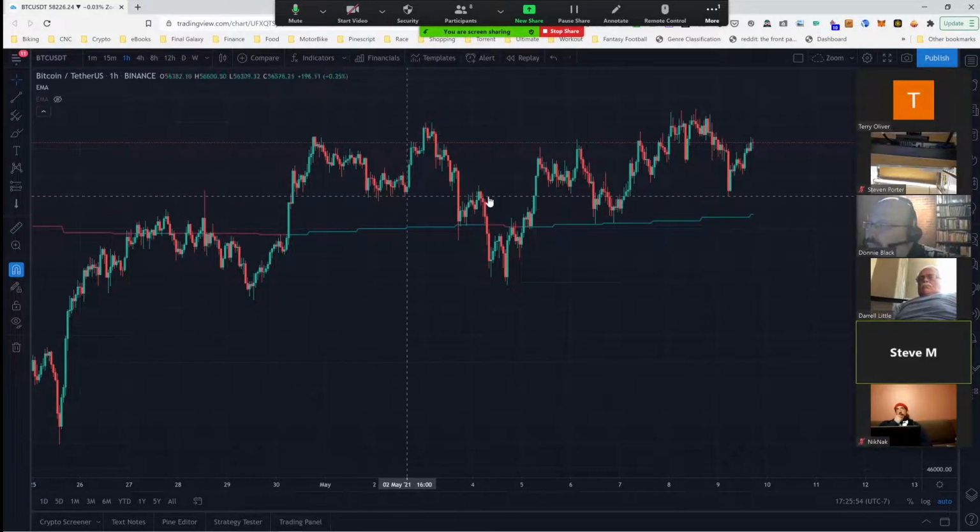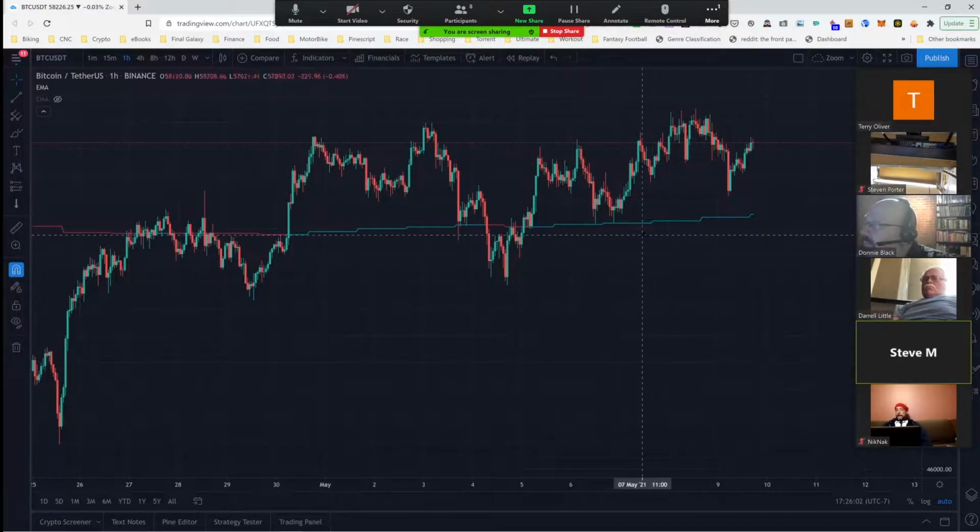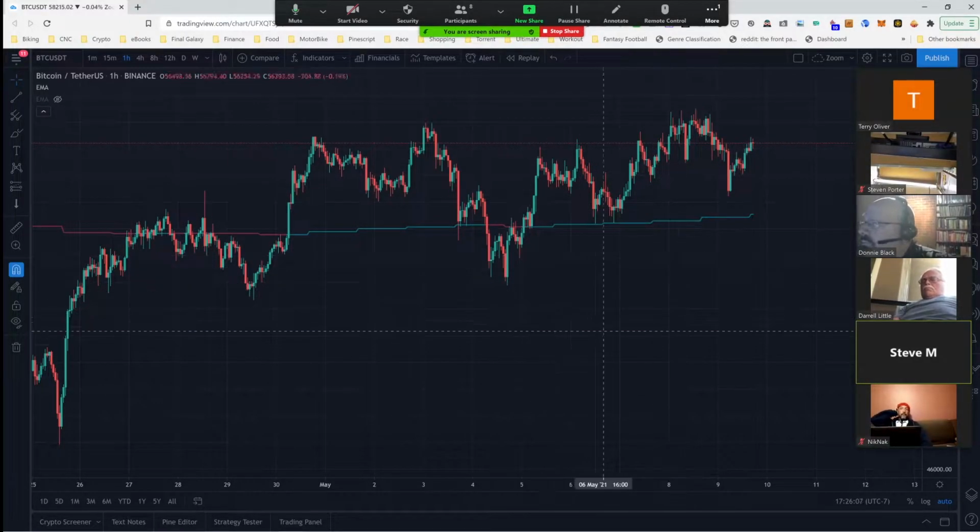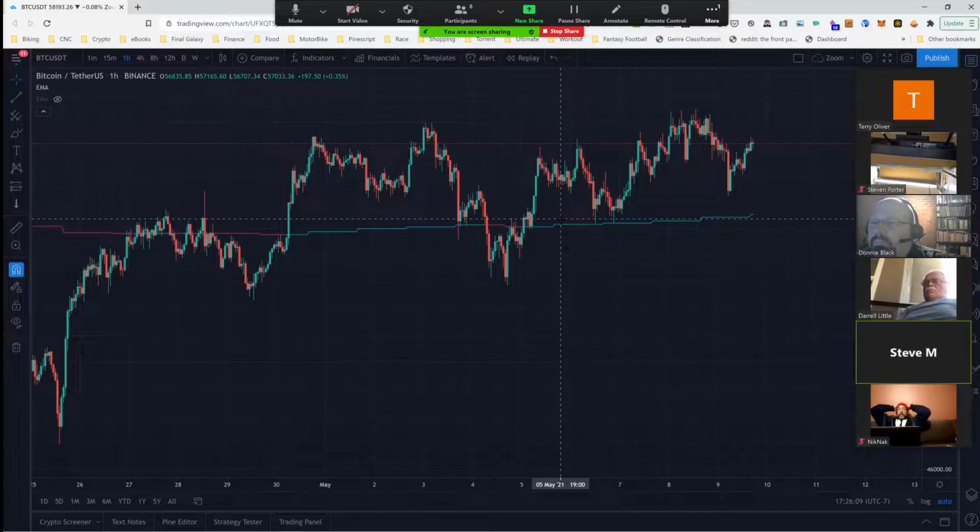Like on the 1 hour time frame, you can be in a steady uptrend, but on the daily time frame you can be going down, because that's just how it works.